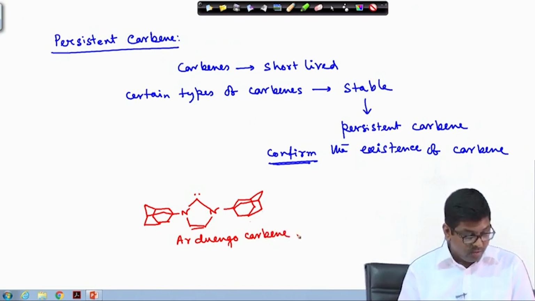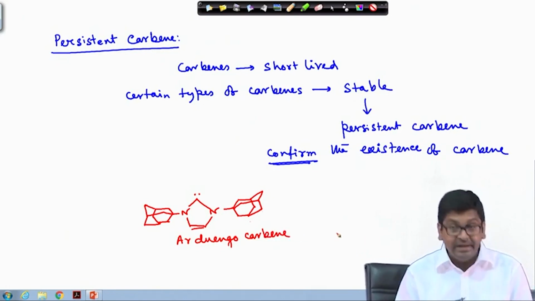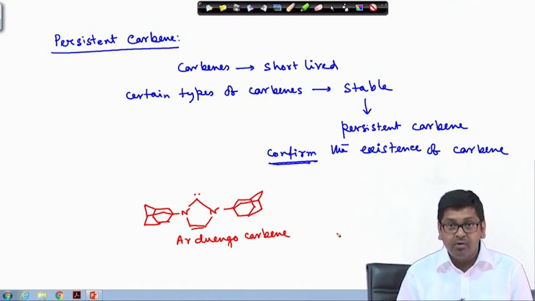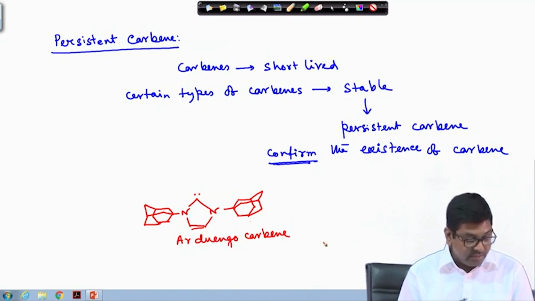Okay. In the absence of oxygen and moisture, it exists as a stable and colorless crystal, whereas its melting point is around 240 to 241 degree centigrade and the bond angle is 102 degree at this carbenic carbon.